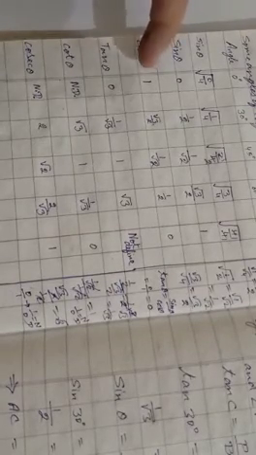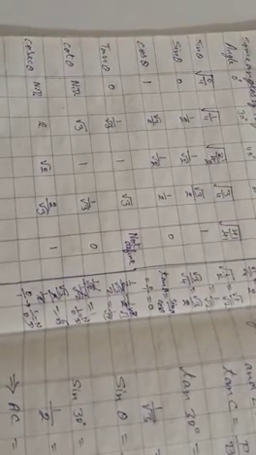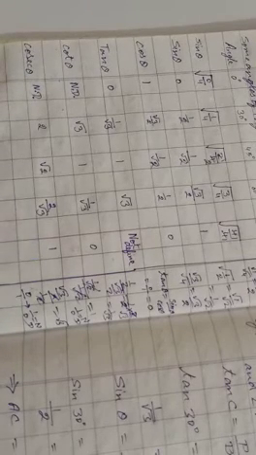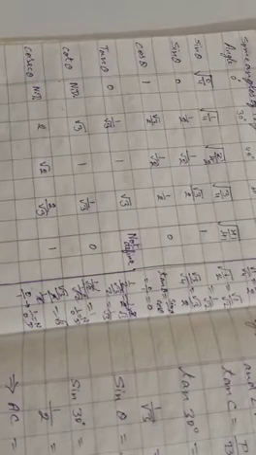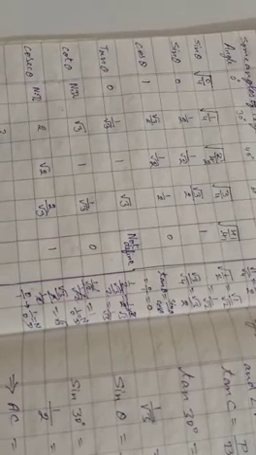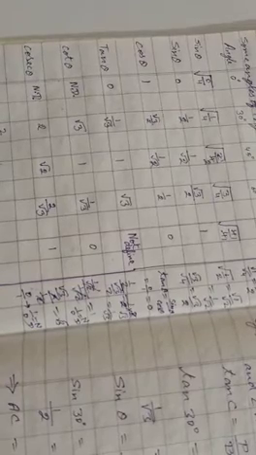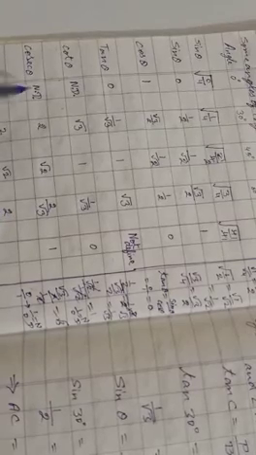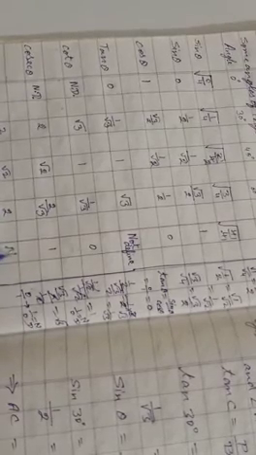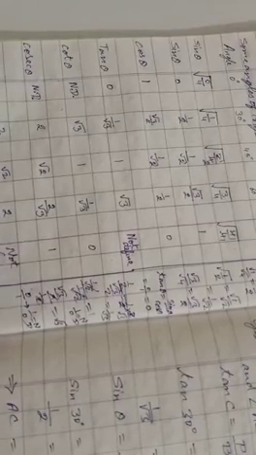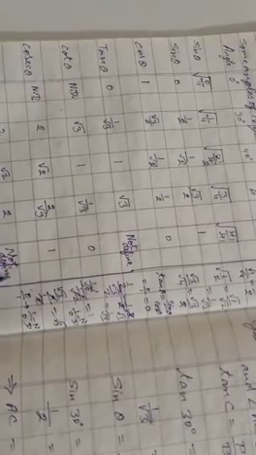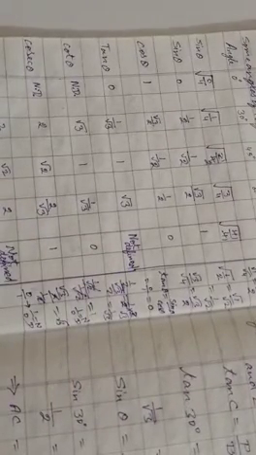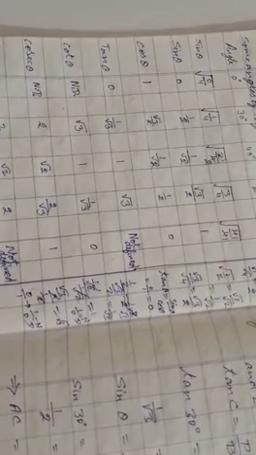Similarly, sec theta, we write the value of cosec angle in reverse order. 1, 2 upon root 3, root 2, 2 and not defined. Now again repeat value of sec theta.